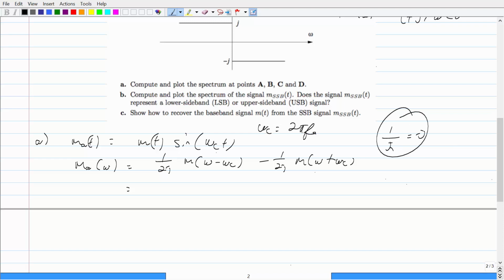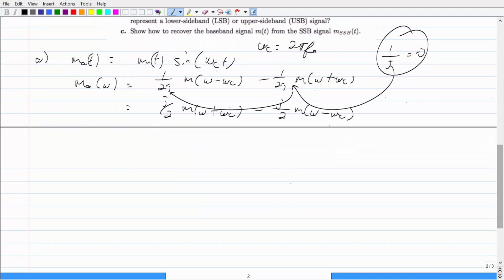If I put this into here and here, what you get is j over 2 M(omega plus omega_c), minus, or sorry, j over 2 again, M(omega minus omega_c). So that's what's happening here.